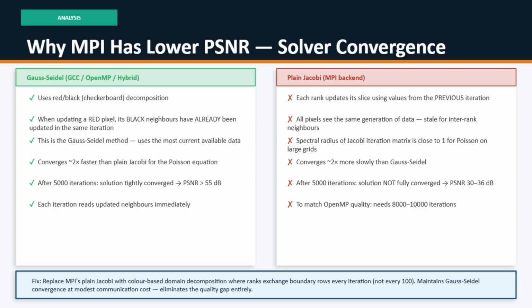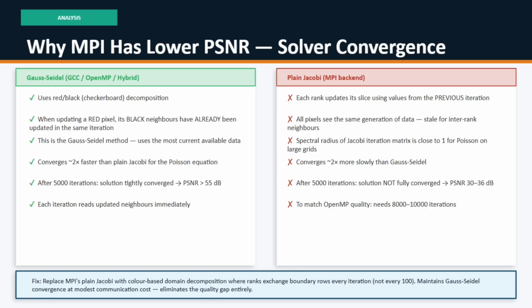After 5000 iterations, MPI has converged less. Its pixel values are slightly off from the true solution, which shows up as a peak signal to noise ratio of 35 decibels instead of 57, while the perceptual quality is still above 0.99. So images look fine to the eye, but at the pixel level there are some gaps.